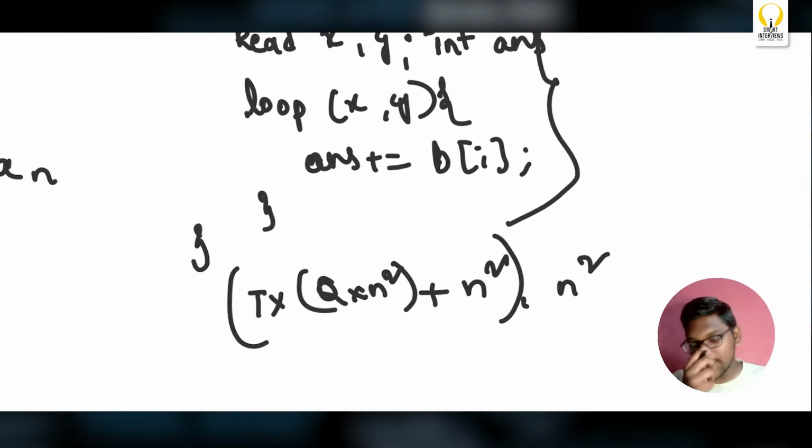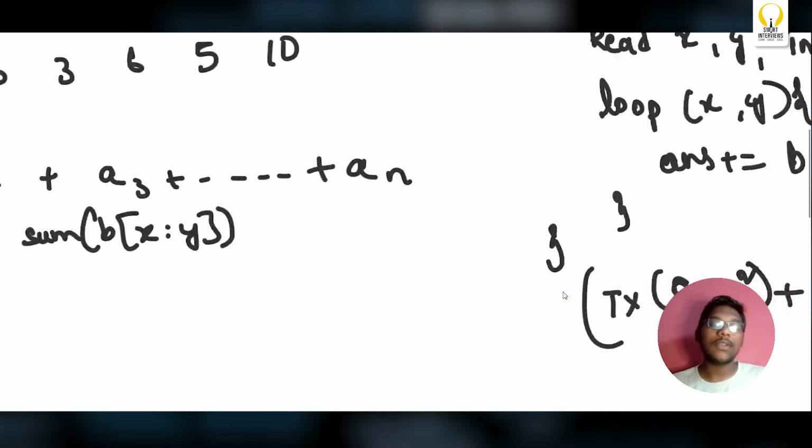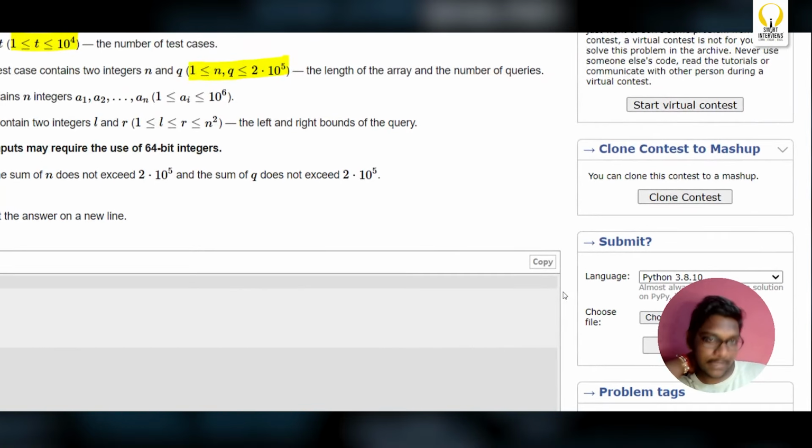And again, first of all, this is a solution which is not even feasible to implement. What's the reason? Even space is also a challenge for us. Why? Because n is 10 power 5.